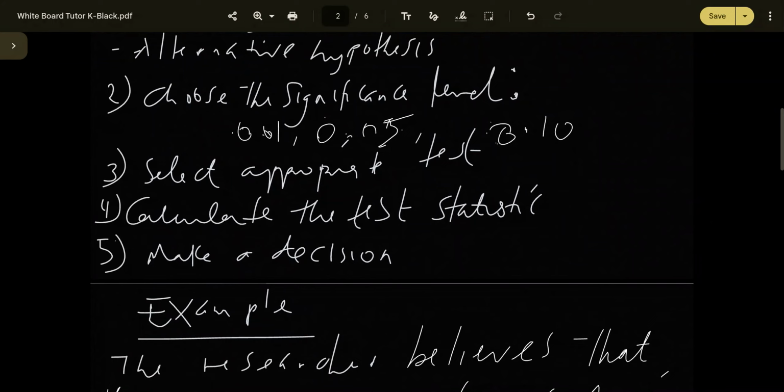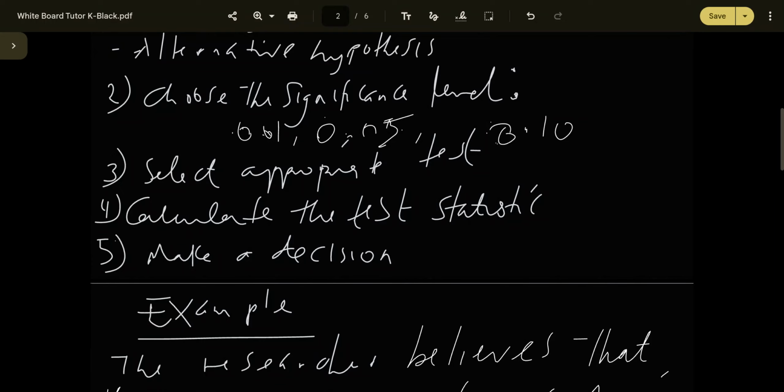After you've computed that value, you are going to make a decision. Making a decision involves comparing the test statistic to a critical value, or using a p-value to decide whether you're going to reject the null hypothesis or accept it.